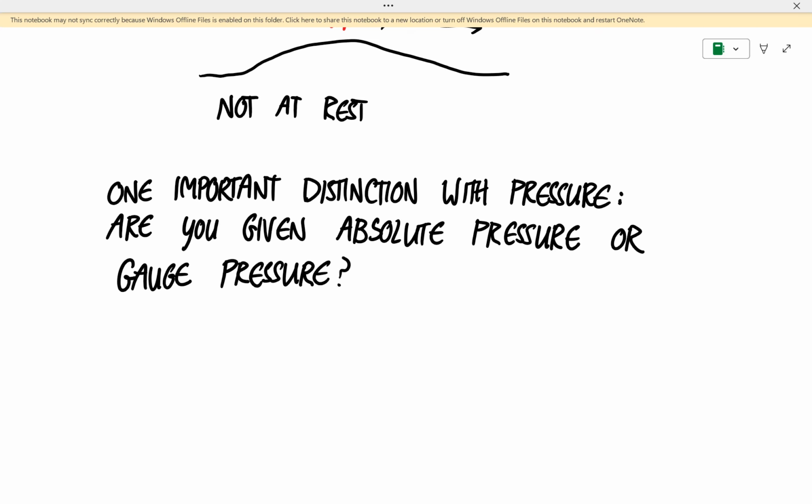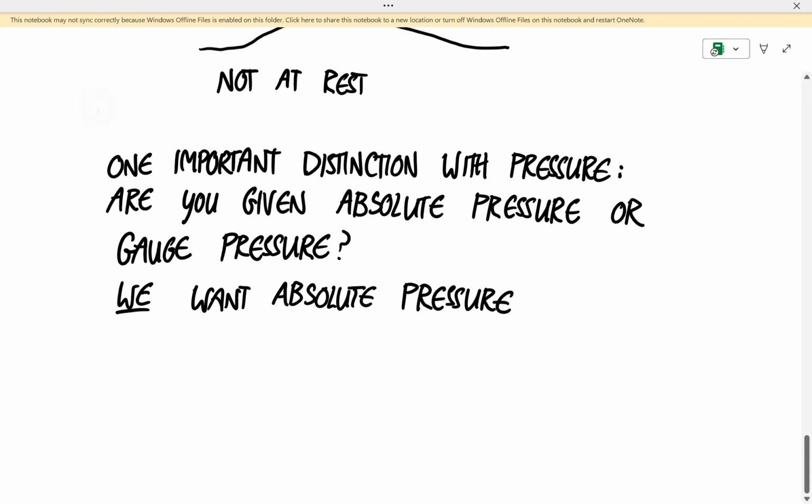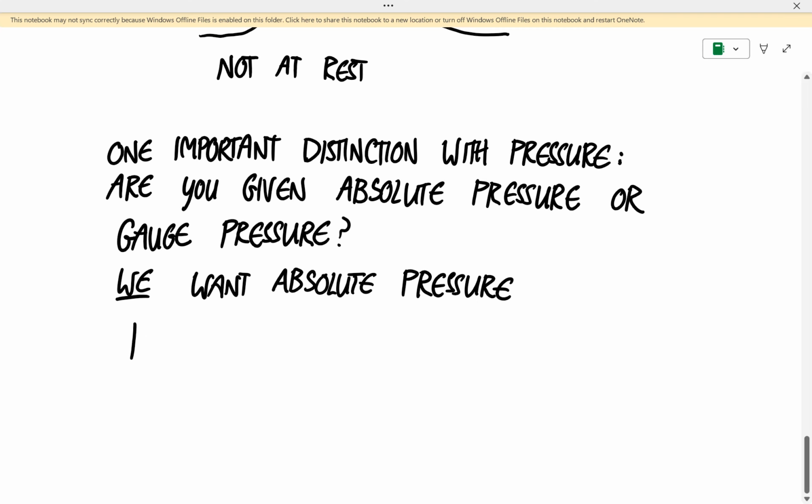In this class, the pressures we're always going to want are absolute pressures. But there are a lot of cases where the pressure that you're given is a gauge pressure. And the relationship is that the absolute pressure is the gauge pressure plus the atmospheric pressure.